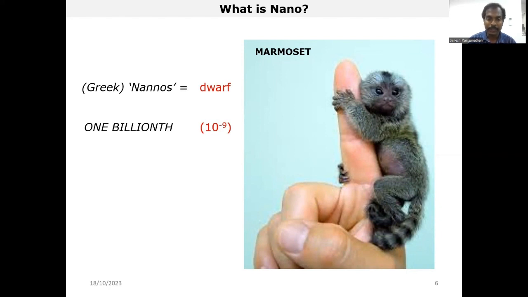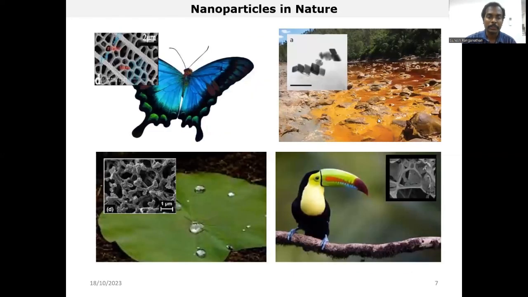So you know that particles may be in a three-dimensional shape. Some particles may be one-dimensional, two-dimensional, or three-dimensional. If at least one of the dimensions is in the 10 to the power of minus 9 meter range, then that particle or material is called a nanomaterial.